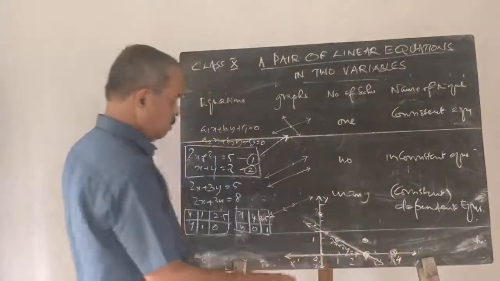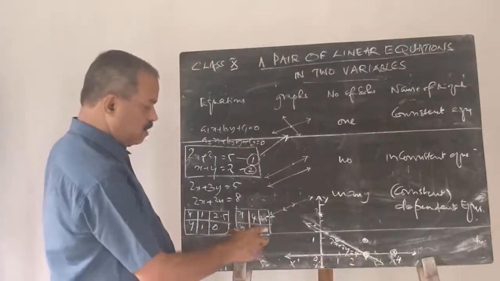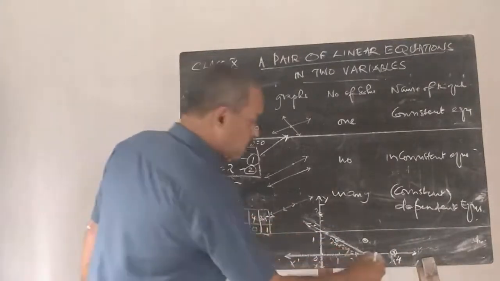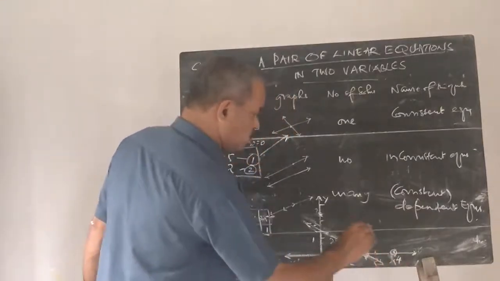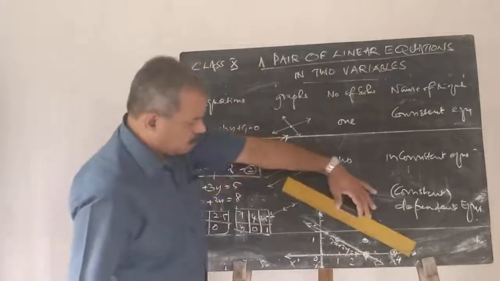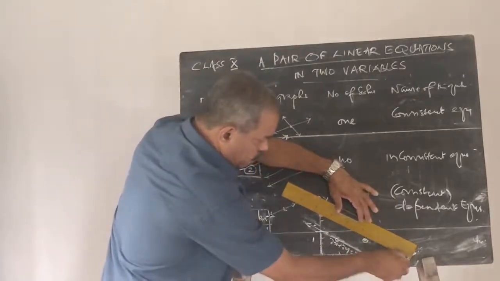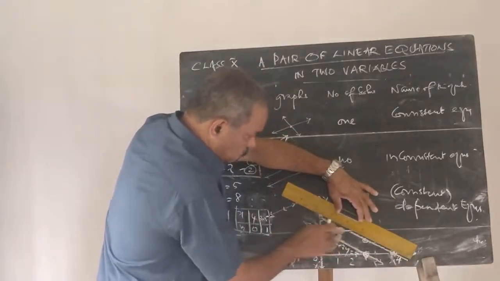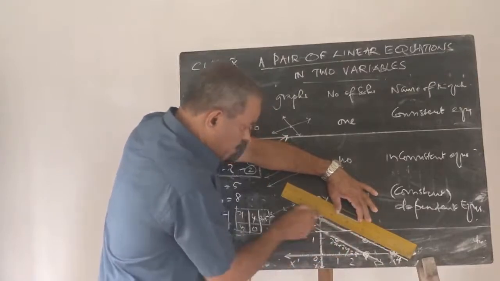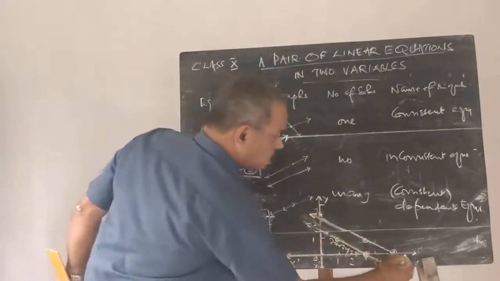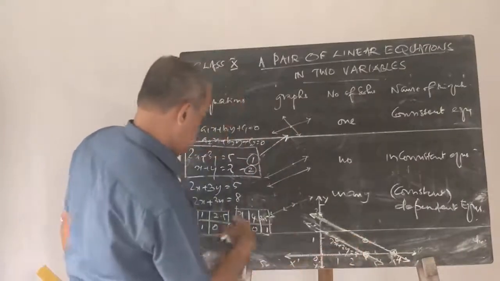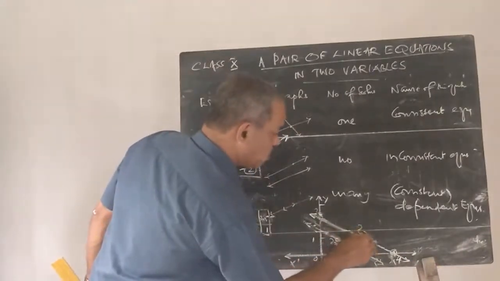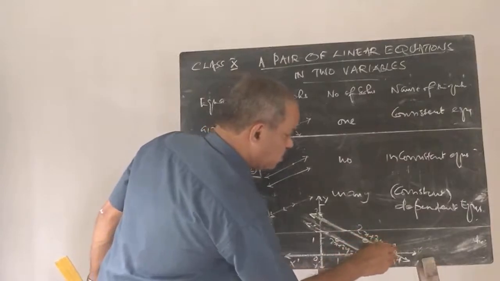This is the point. The second point is x 2.5, y coordinate 1. Now let us draw the graph. This is the graph of the equation 2x plus 3y equal to 8.